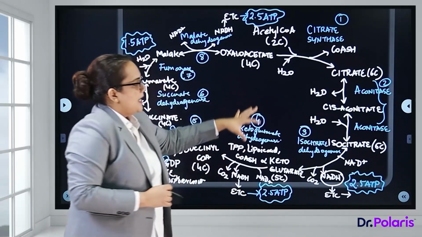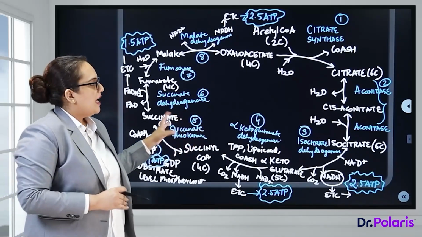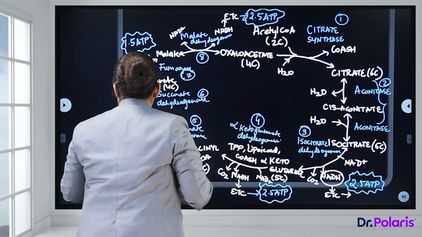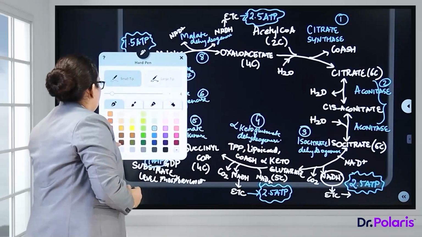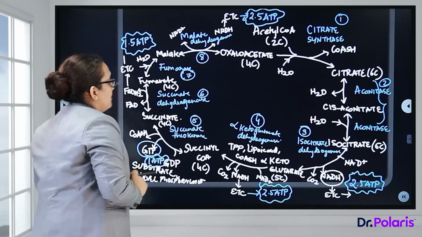Now, in addition to all these, you will also need to know what are the various inhibitors of the pathway. I'll just cover it up here itself, since I've already mentioned the entire cycle. I've written the entire cycle here. So there are 3 main inhibitors of TCA cycle.